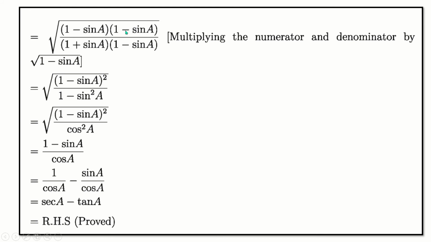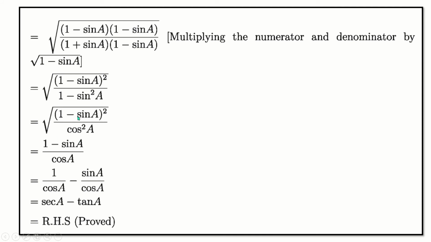Now 1 minus sin a into 1 minus sin a, we can write as 1 minus sin a whole square, and 1 plus sin a into 1 minus sin a is equal to 1 minus sin square a. This is equal to square root over 1 minus sin a whole square divided by cos square a. As here is square root and here is square, we can omit them.